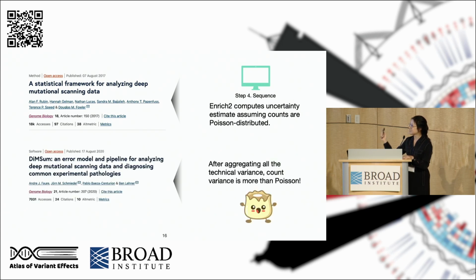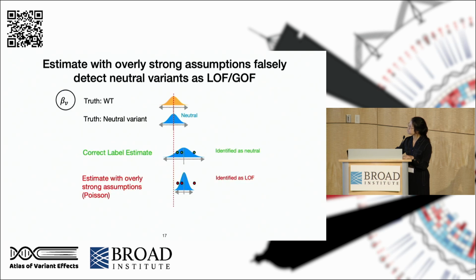So DIM-SUM wrote a paper in 2020 saying that after aggregating all the technical variance, count variance is definitely more than Poisson. So they use another target function to learn the replicate-level variance and try to do a better job at the inference.